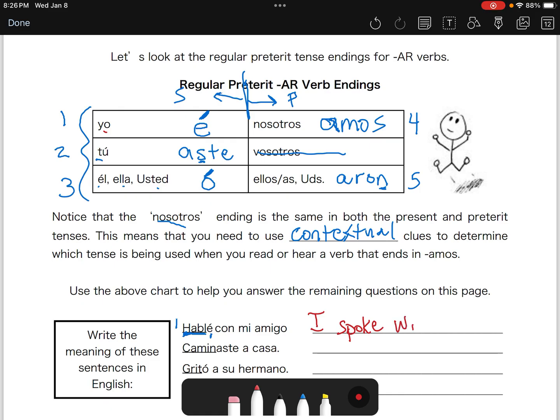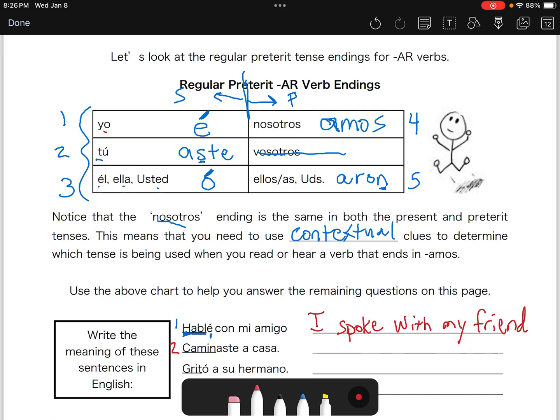with my friend. Try to pause the video and figure these out on your own and then hit play and see if you got them right, and you can correct your answers for submittal. Caminaste a casa, number 2. Camin, the root of that word, caminar, it's an AR verb, means to walk.